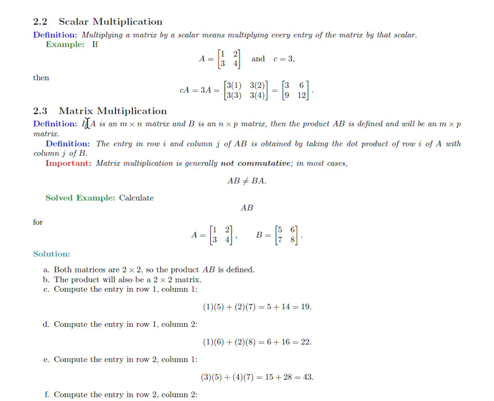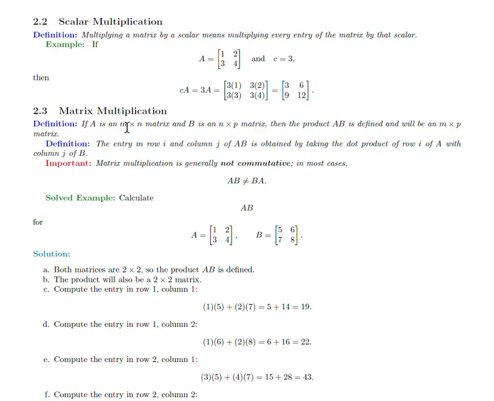We need to take note that we can only perform matrix multiplication on two matrices A and B if the number of columns of A, which is N, equals the number of rows of B, which is N. So the columns of the first matrix you are considering must be equal to the number of rows of the second matrix, right?